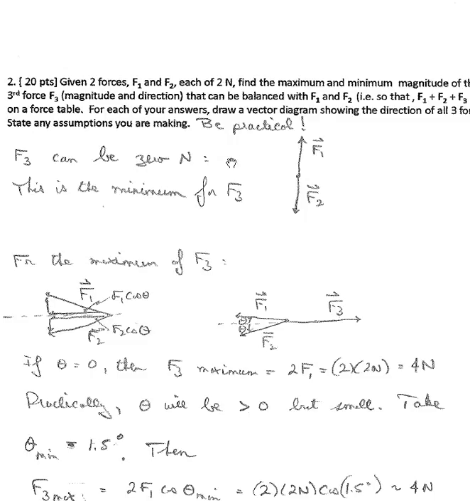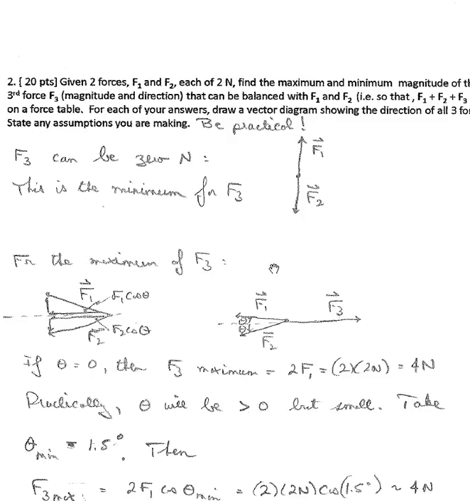Be practical. Okay, so first of all, F3 can be in magnitude as small as 0, in which case F1 and F2 would just hang on opposite sides 180 degrees from each other on the force table. And so 0 is the minimum value for F3.